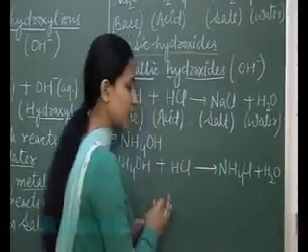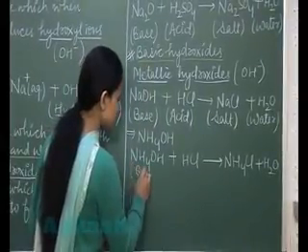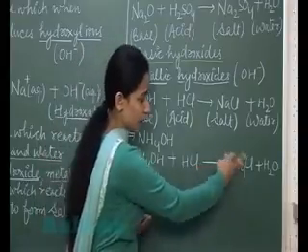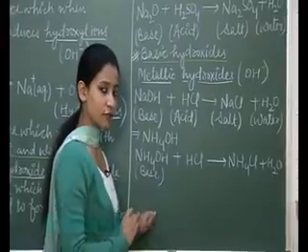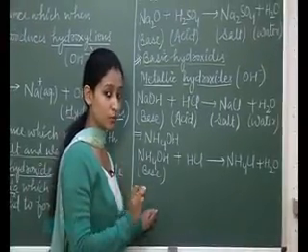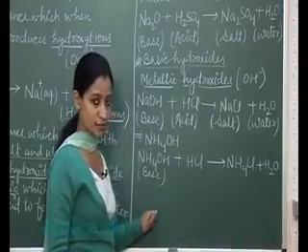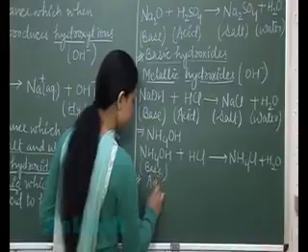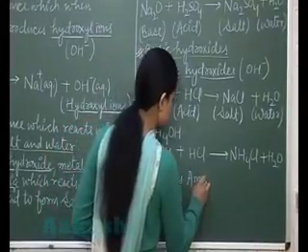So definitely here ammonium hydroxide is also acting as a base because it is reacting with the acid to give you salt and water. Now next students, here in the definition we included the aqueous ammonia also as the base. So how aqueous ammonia acts as the base? Let us see. We have aqueous ammonia.